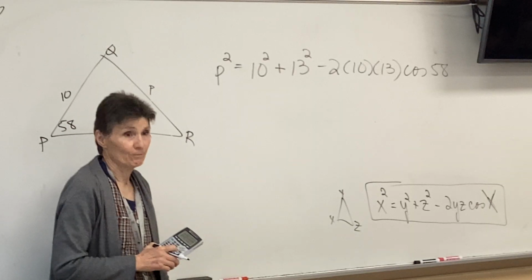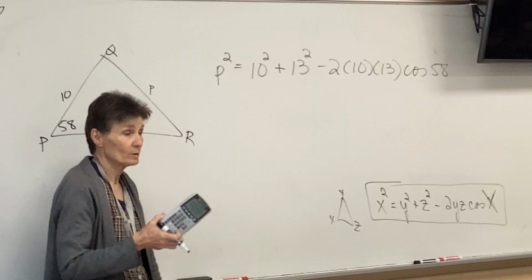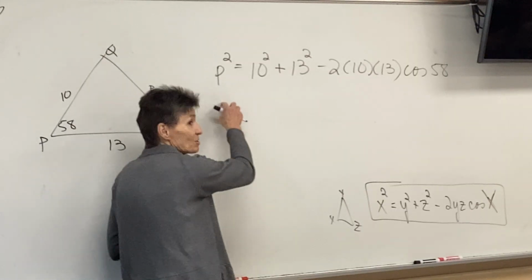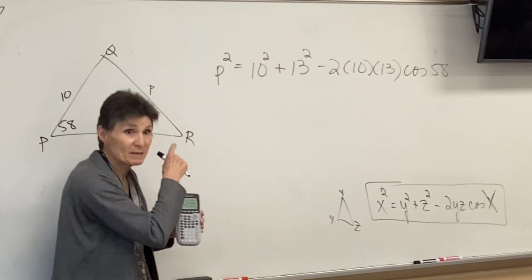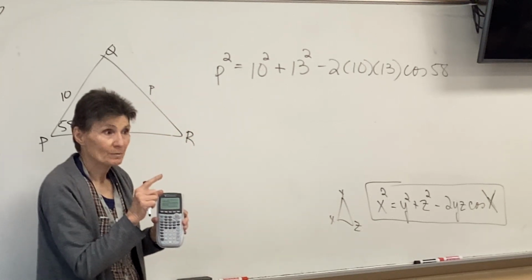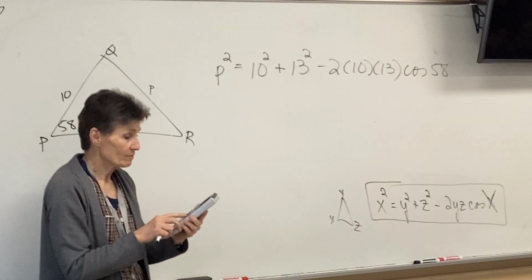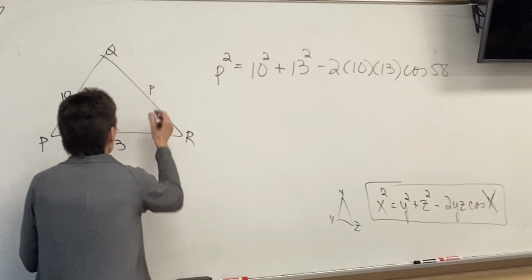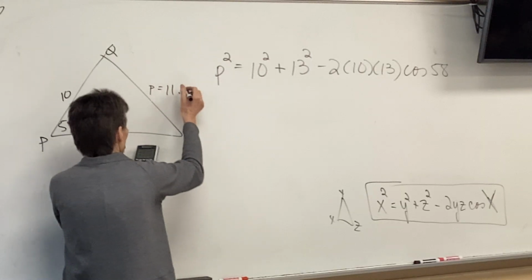Now be careful. Did you get 131? Yeah. Okay, now remember, that is p squared. So what are we going to have to do with that number? Square root it. So you should get for p 11.46.